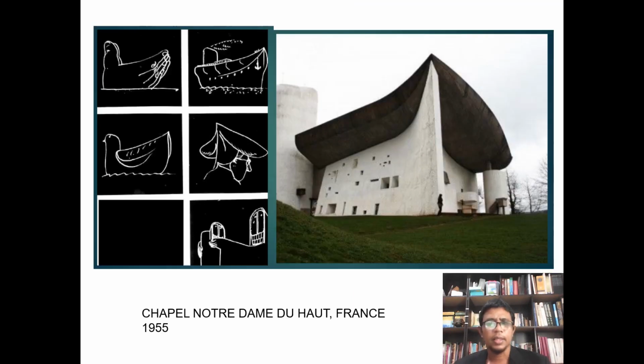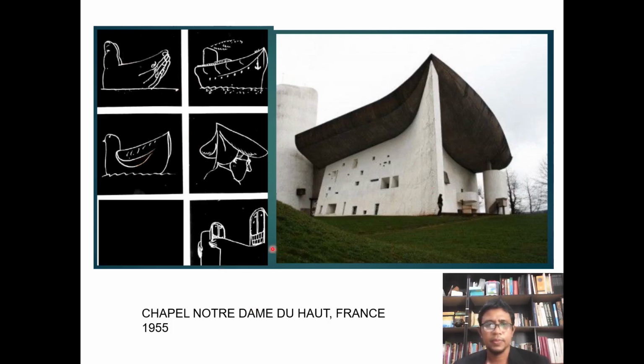Okay, in the modern era, for example, here in this building, Chapelle Notre Dame du Haut in France in 1955, the building inspired by either the hands or a duck.